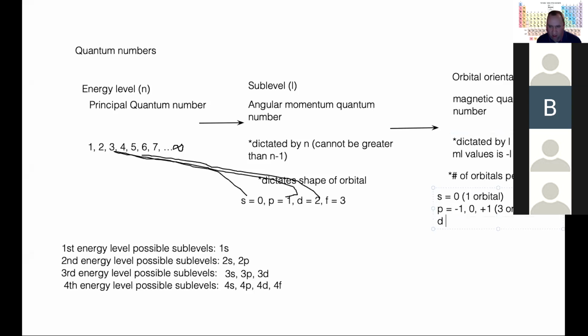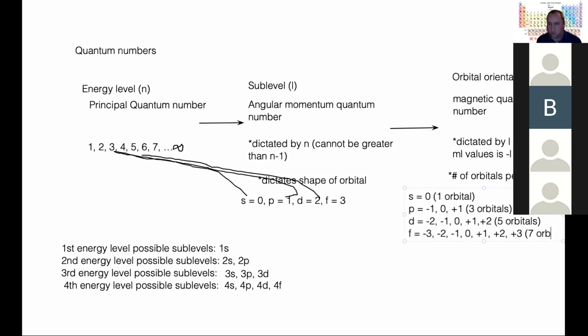D, I have -2, -1, 0, 1, and 2. That means there are 5 orbitals in that sublevel. And then finally F, I've got -3, -2, -1, 0, 1, 2, 3, 7 orbitals in total.